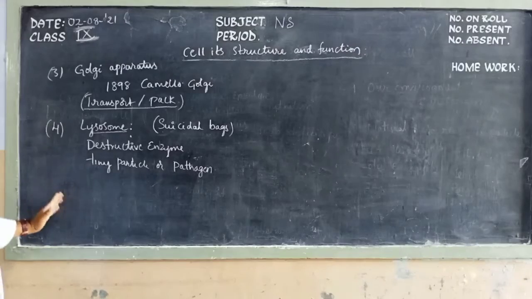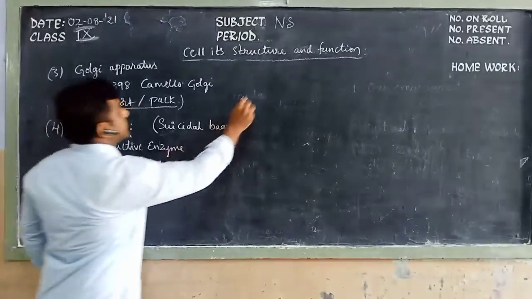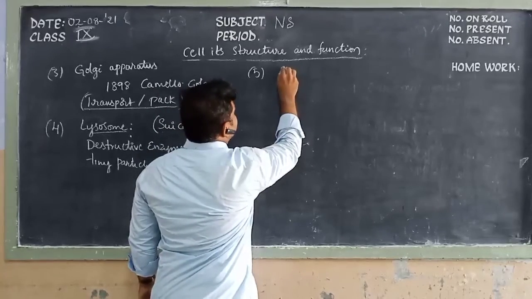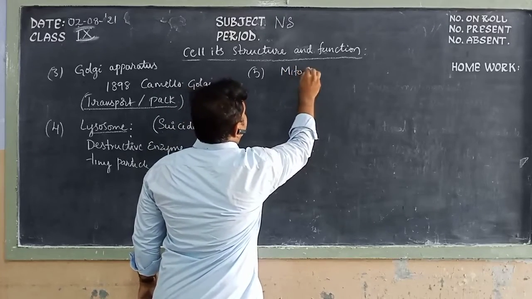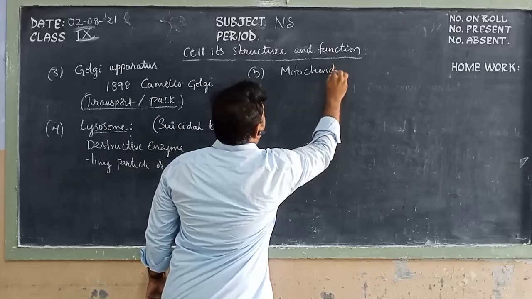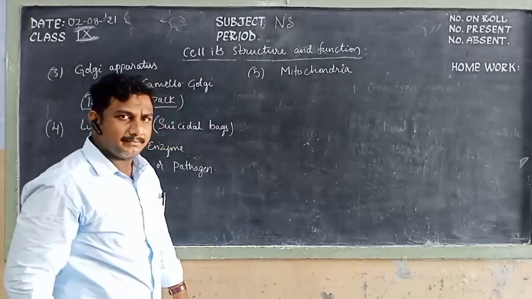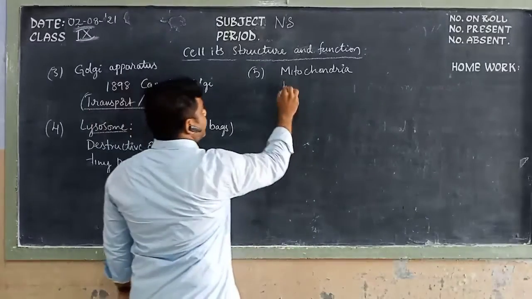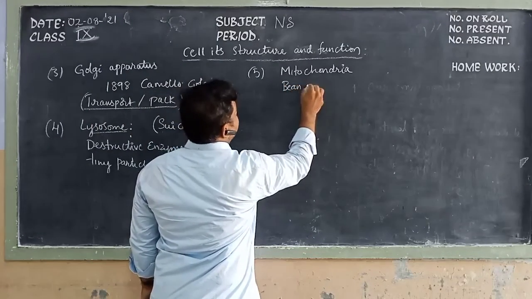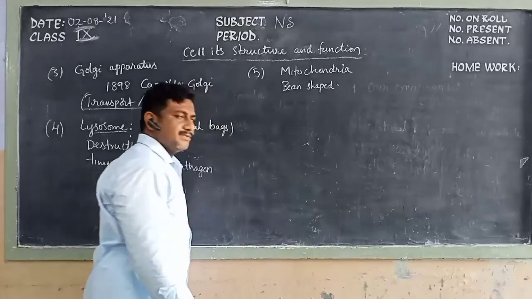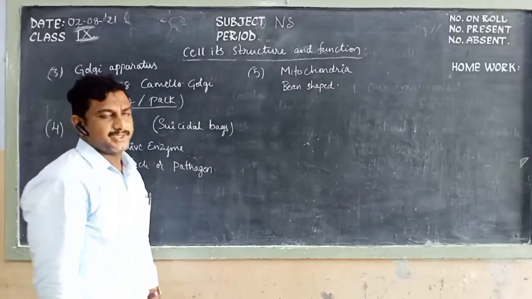Next, immediately, a very important cell organelle is the mitochondria. Mitochondria. What is special about this cell organelle? It is bean shaped, and it is a very minute structure.